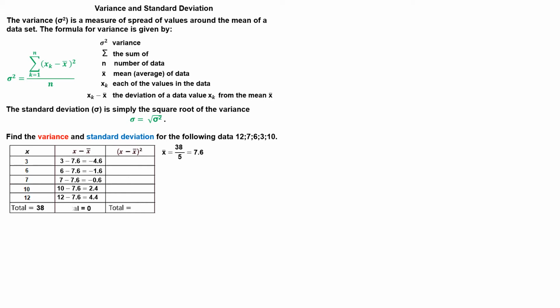Squaring makes each term positive so that values above the mean do not cancel values below the mean. Next, square each deviation. Now, divide the sum of the squared deviations by the number of values in the set to get the variance.